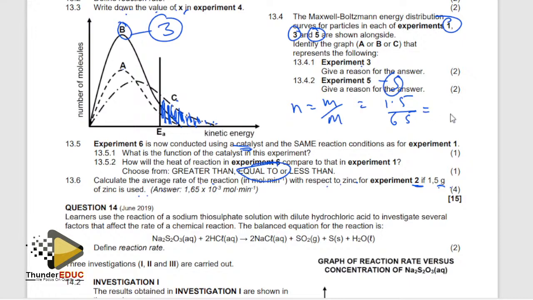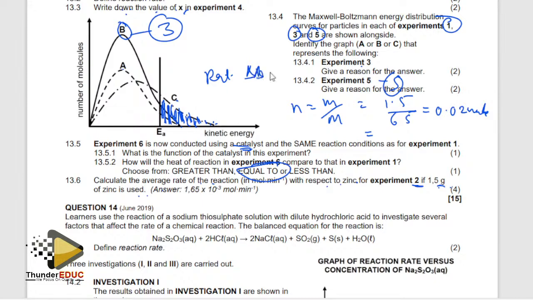So here the answer is maybe 0.02. Use the calculator and then find out. And then after that, now I have the number of moles. These are the number of moles. So don't forget that the rate of reaction is the change in the number of moles over the change in time, or the change in the concentration.